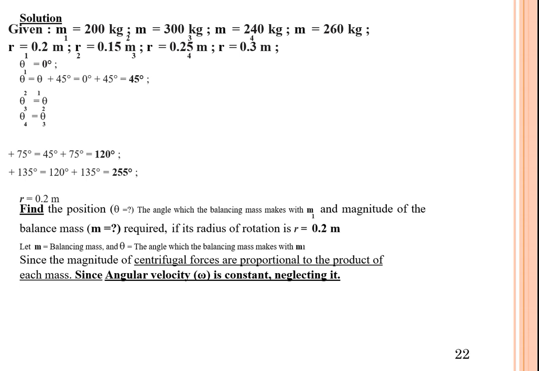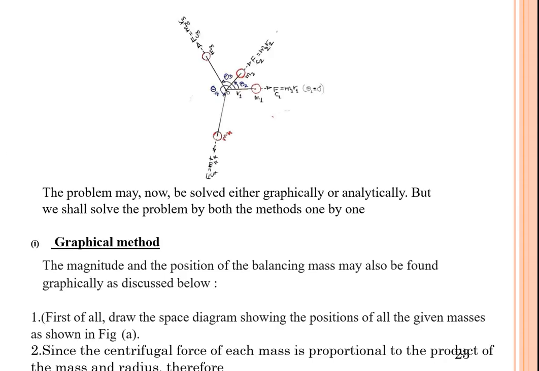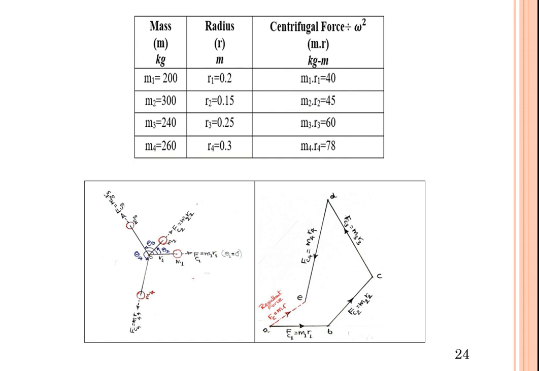The given values are written and all the positions are drawn with respect to their orientation. By the graphical method, the given masses are written in a tabular column.